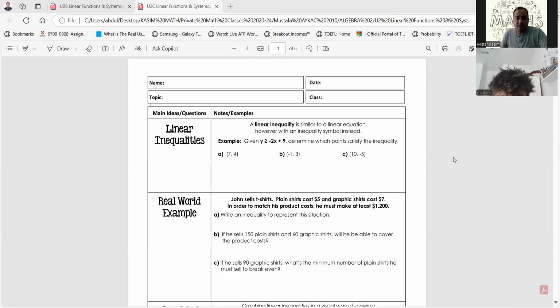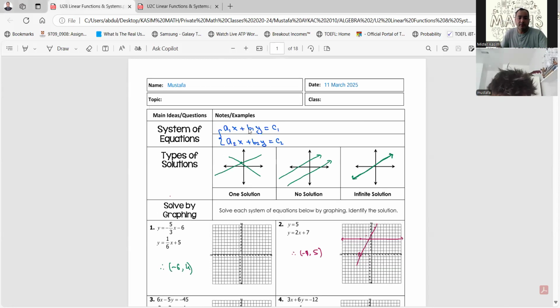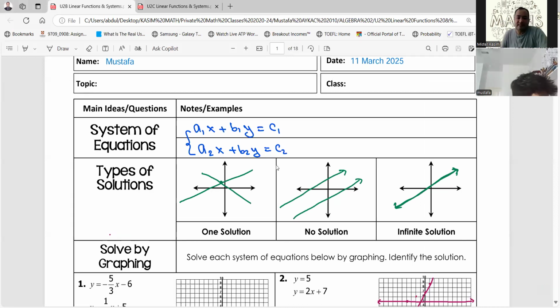Mustafa, if you're ready, let's start. Yesterday we were talking about system of equations. If you understand this basic idea, in the future, when you study more advanced math, if you are given two equations, three, four, five equations, it doesn't matter. You're using the same idea.